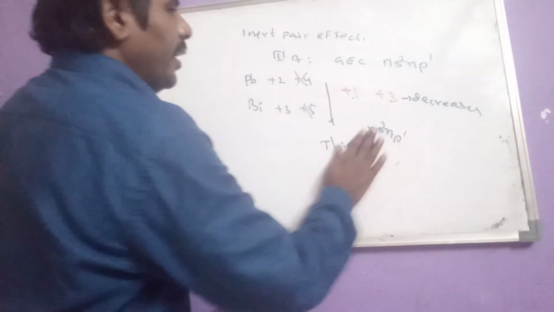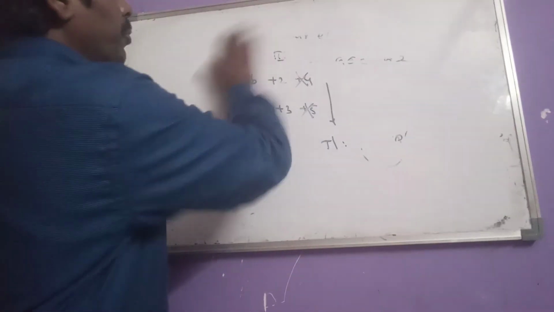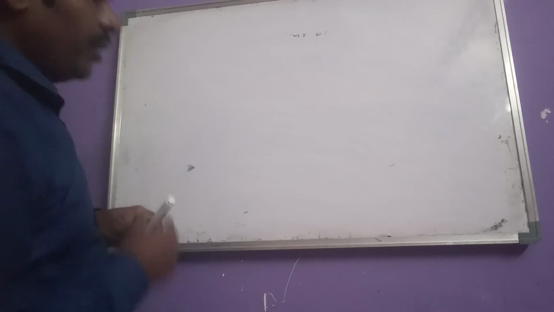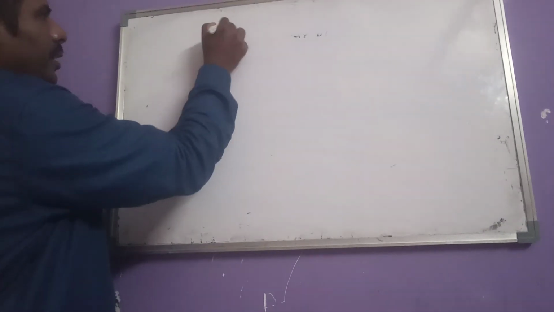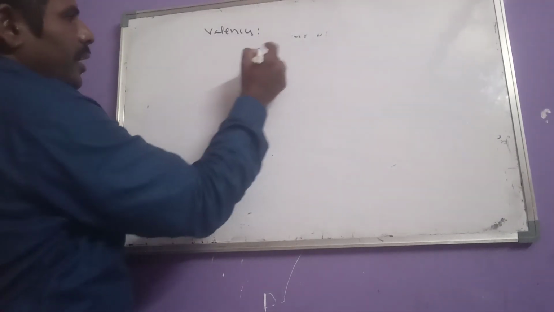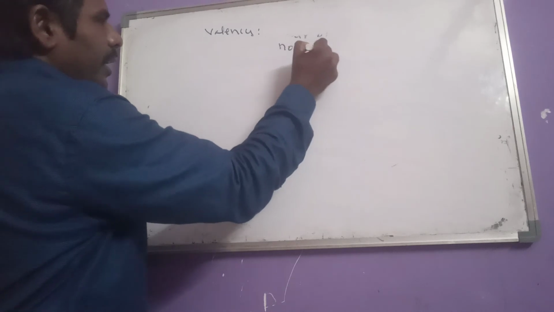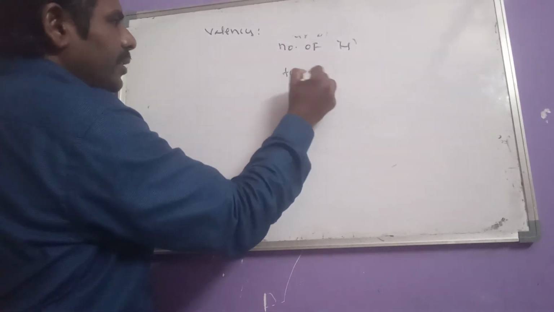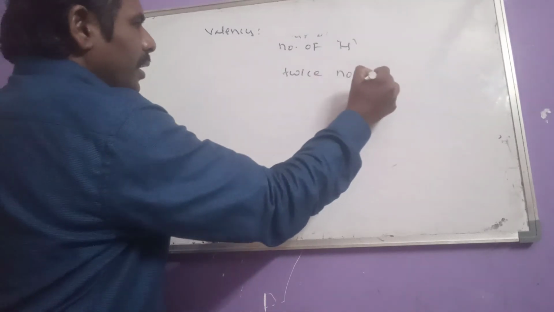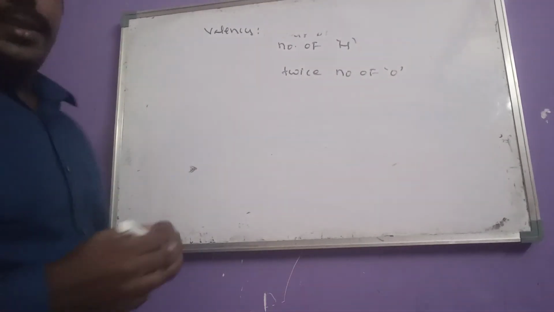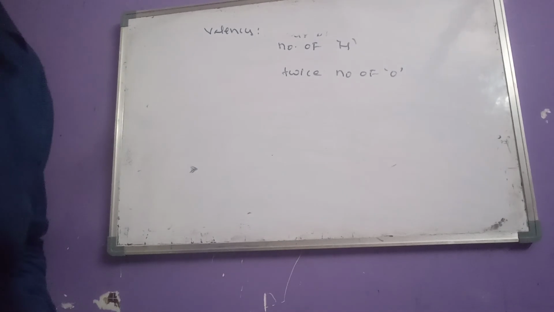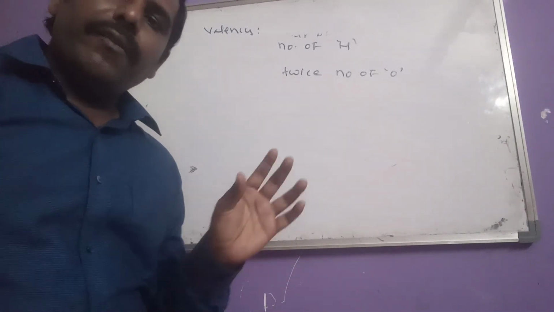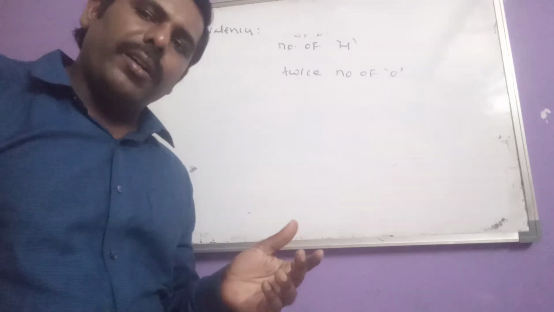So what is the valency in the periodic table? Let us see the definition of valency here. What is valency? The number of hydrogen atoms, or twice the number of oxygen atoms, with which an element is bonded.